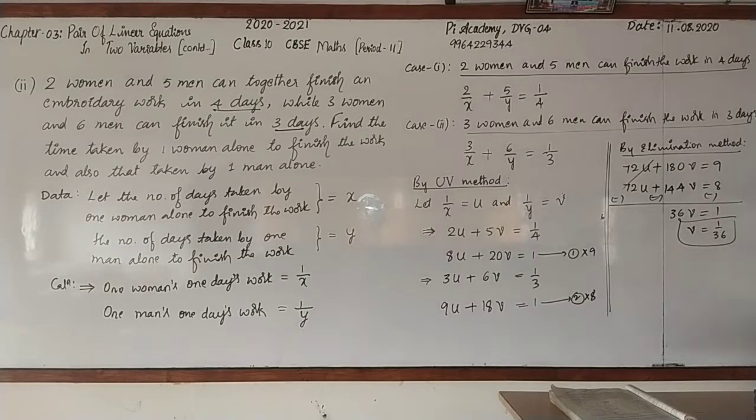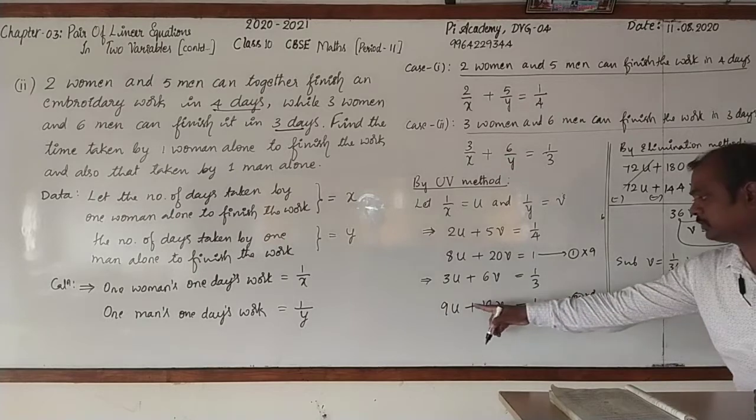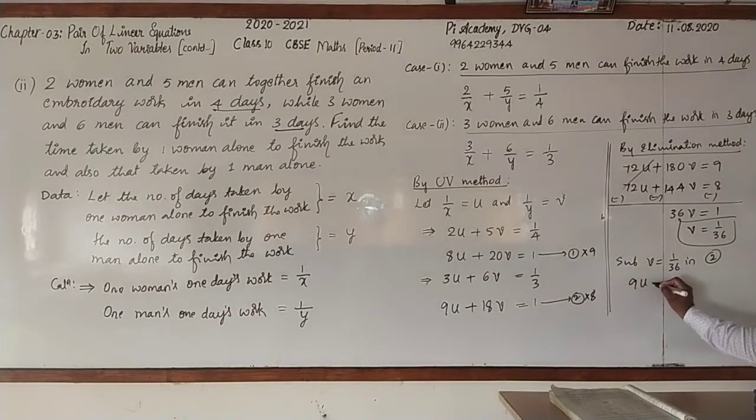Next, we have to find out U. So substitute V is equal to 1 by 36 in any one of these two equations. Let's go for taking equation 2. Equation 2 is 9U plus 18V, this is equal to 1.